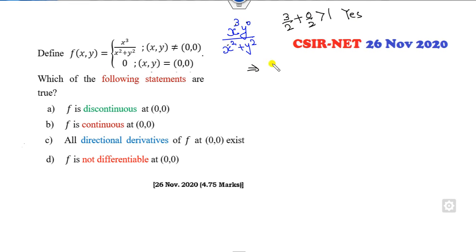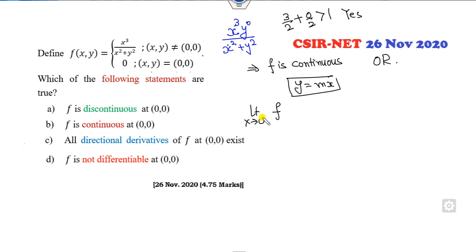It means f is continuous. Or the other way, you can choose y = mx, and then you can find the limit as x approaches 0. What is that? It is x³, x² will be common, 1+m². So the limit will go to 0. So the function is continuous. Anyhow, I will tell you this is the best way you can check. Is the function bounded?